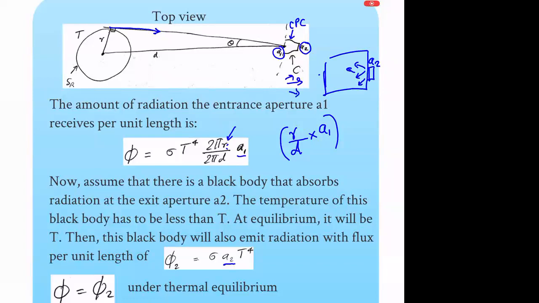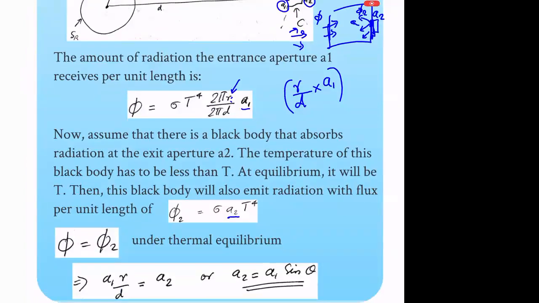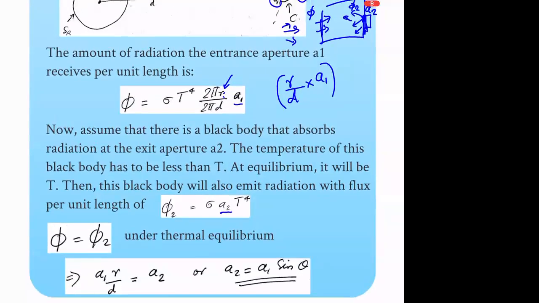Now the CPC is collecting some of these photons, which is phi, and this emission is phi 2. Assume that the solar cell or the receiver is simply connected to the CPC, so the light cannot go anywhere else. So phi must be equal to phi 2, otherwise this whole system will increase in temperature and won't be in equilibrium. If it's in equilibrium, phi and phi 2 must be the same. And if so, I can set these two equations equal.